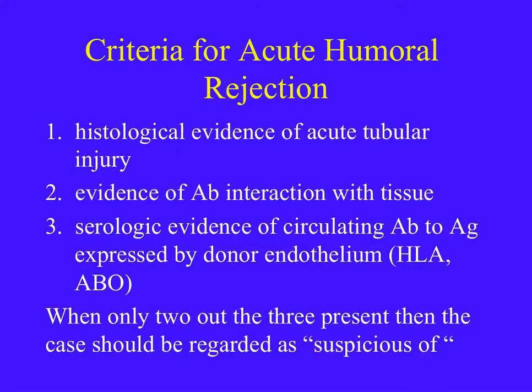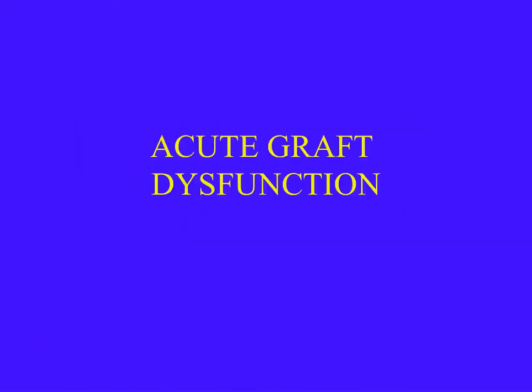And we also need to have serologic evidence of circulating antibodies to antigens expressed by the donor endothelium. When only 2 out of these 3 criteria are present, then the case is best regarded as suspicious of antibody-mediated rejection.